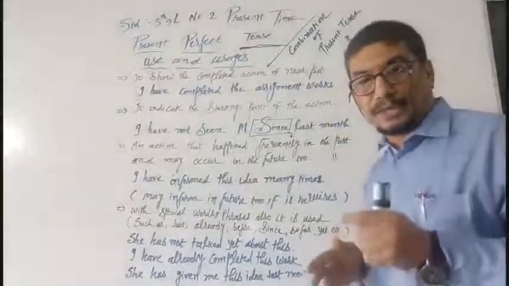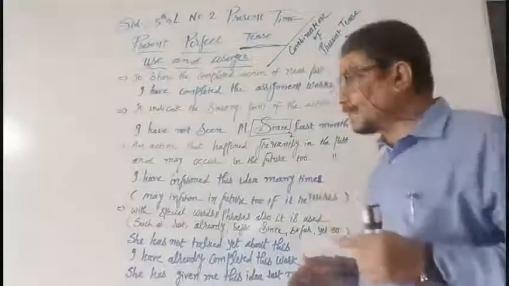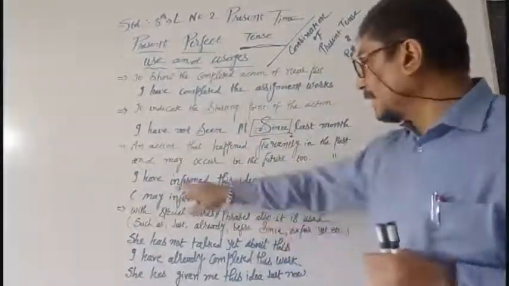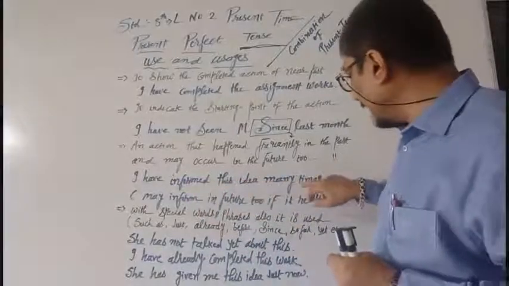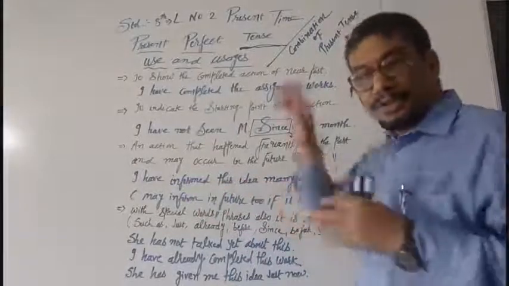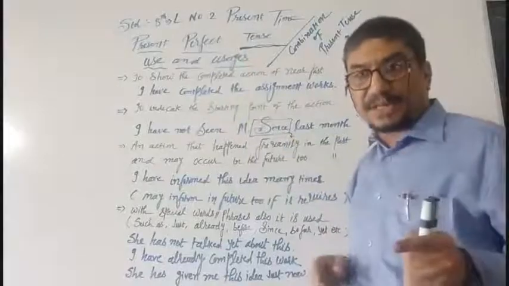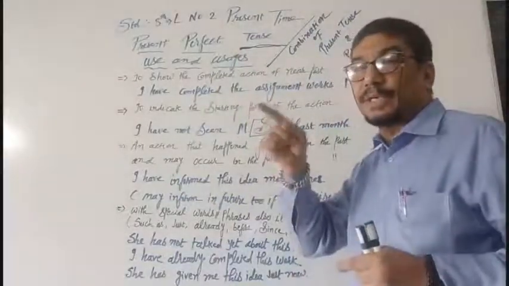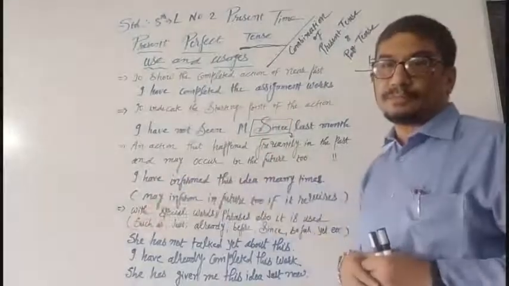If it is in that condition, you can use present perfect. You see here, I have informed these ideas many times to the higher authority, and if it is required, I may inform it to the higher authorities in future also.